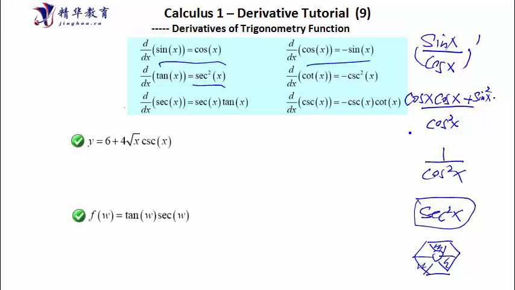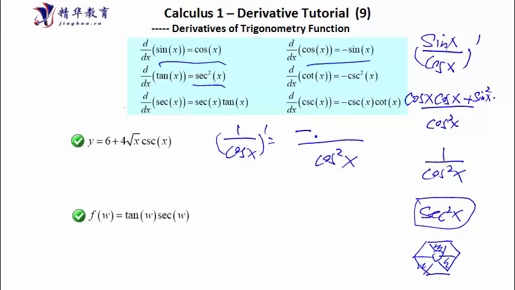Cotangent is equal to cosine over sine, right? Secant is 1 over cosine, and cosecant is 1 over sine. You can just do the simple derivative. For example, I'll do one more, for the secant: 1 over cosine function. The derivative is equal to cosine x squared in the denominator. On the top part, the derivative of 1 is 0, and 0 times anything is 0.